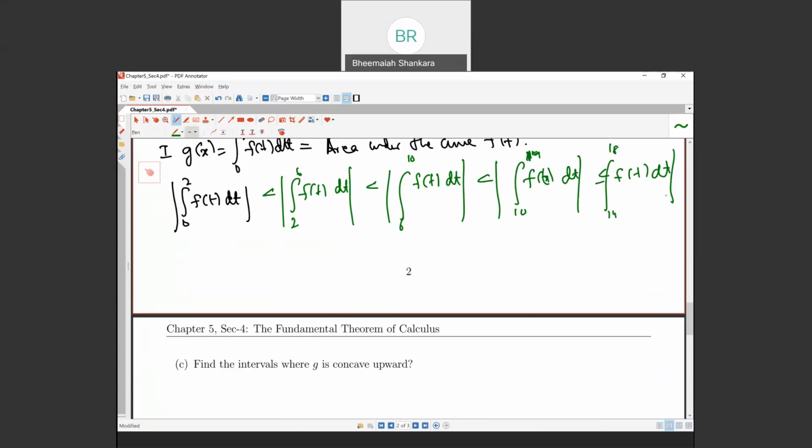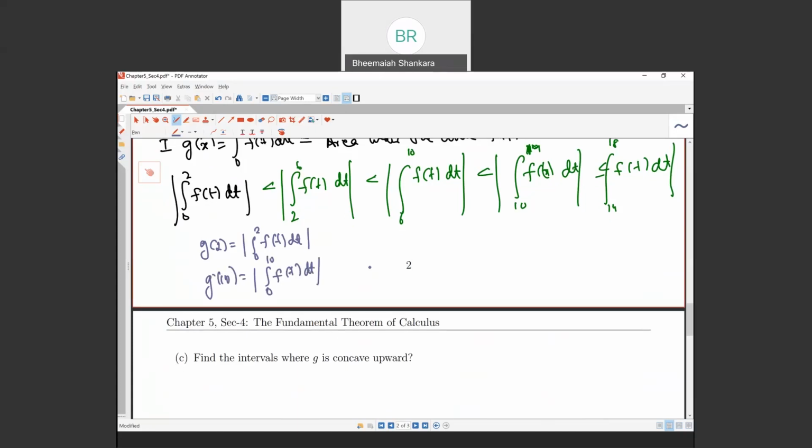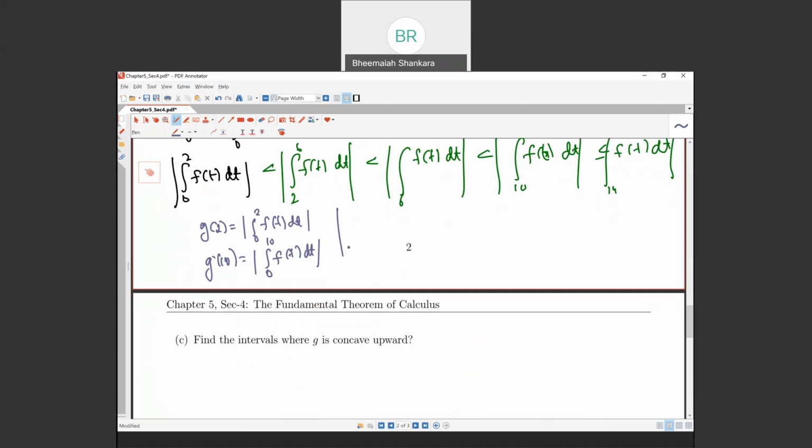So we know how to calculate this g(2), which is 0 to 2 of f(t) dt. Similarly, you want to calculate g(10), 0 to 10 of f(t) dt, and then we can calculate g(18), 0 to 18 of f(t) dt.